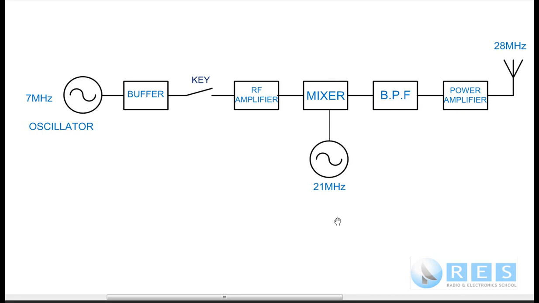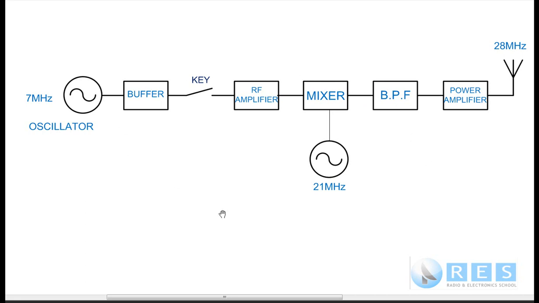So the frequency converter, comprising of the mixer and local oscillator, transforms the 7 megahertz signal here to a 28 megahertz signal there. The bandpass filter gets rid of everything else, just passes the 28 megahertz Morse code signal to here. The power amplifier brings it up to say 100 watts, and away we go with our Morse code transmitter.